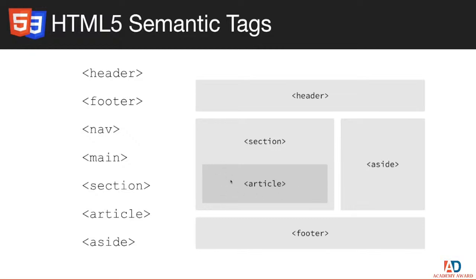Those could be wrapped in article tags, instead of divs. And then aside is just that. It's sidebar content or just content that is not the main focus of the page. It could be maybe an ad, or it could be like a category section for the main blog section, something like that. Okay, so these are the HTML5 semantic tags.